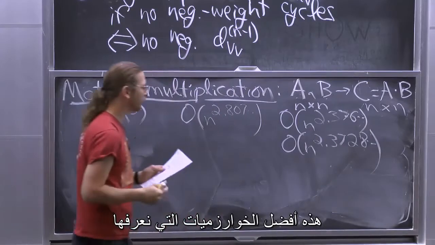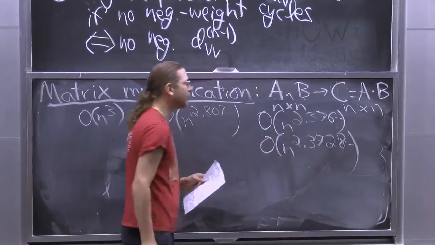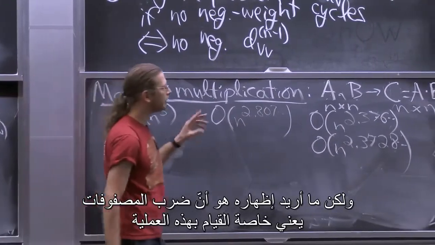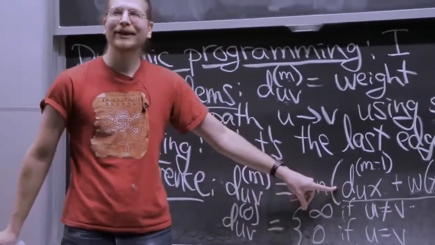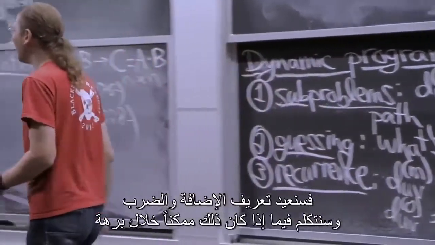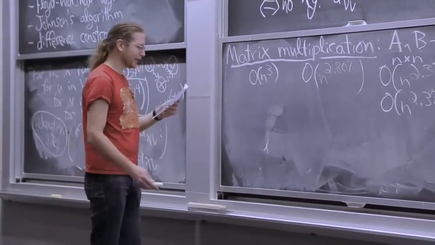That's the best algorithm we know now. There's some evidence maybe you can get 2 plus epsilon for any epsilon. Turns out those aren't going to help us too much here. But what I want to show is that matrix multiplication is essentially doing this if you redefine what plus and dot mean. If you redefine addition and multiplication, we'll talk about whether that's valid in a moment.